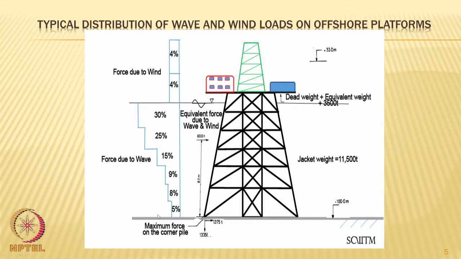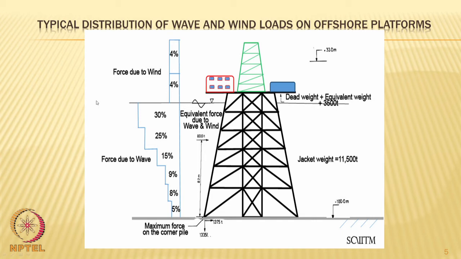The loading which essentially arises because of wave action on the platform legs will vary to be maximum near the mean sea level and practically as close to 0 near the seabed.